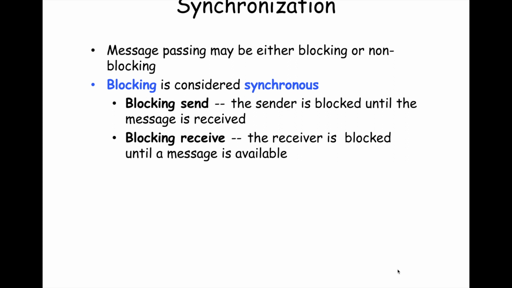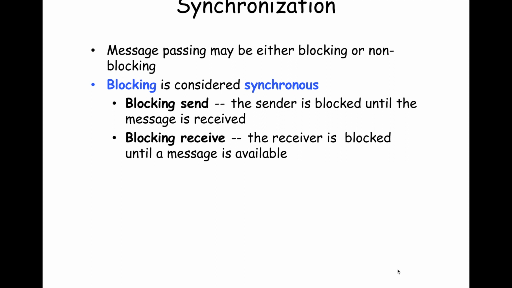So there's the send side of a communication and there's a receive side. When you do a blocking send, that means you have a message and you have a destination for that message, be it a mailbox or directly to a process. A blocking send is one where the process doesn't do anything. It waits for that system call to complete, and only once that system call completes does it continue its execution.